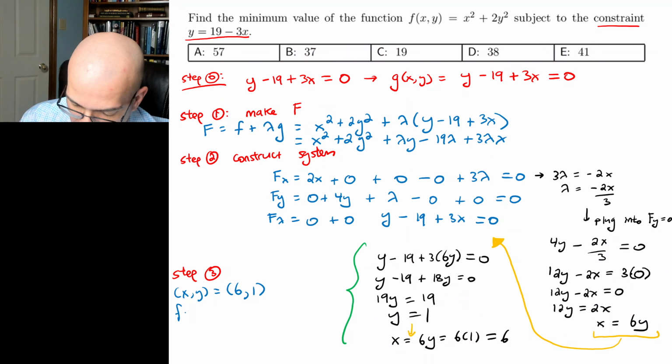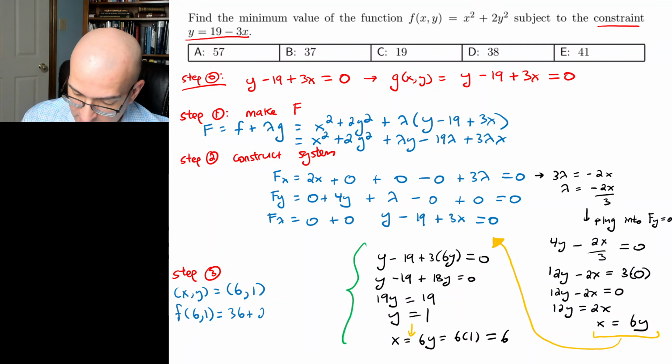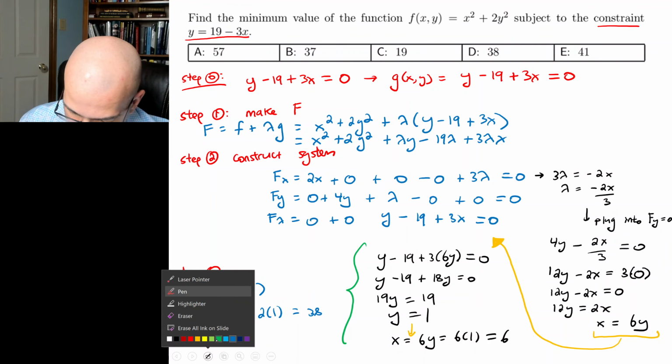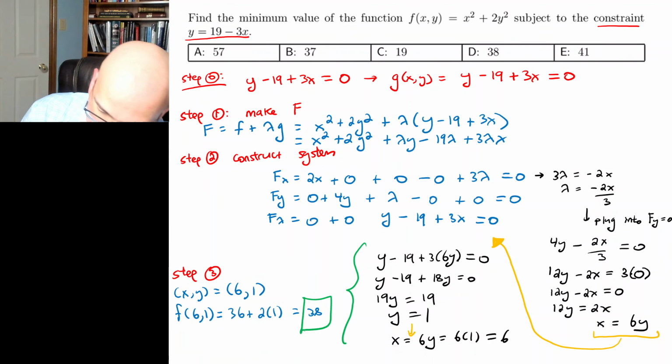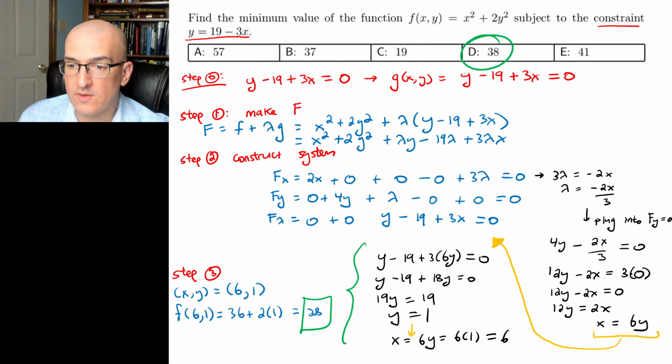And f of 6 comma 1. So plugging into our objective function, we have 36 plus 2 times 1, which is going to be 38. And that's one of the options. And we'll continue doing more examples in the next video.